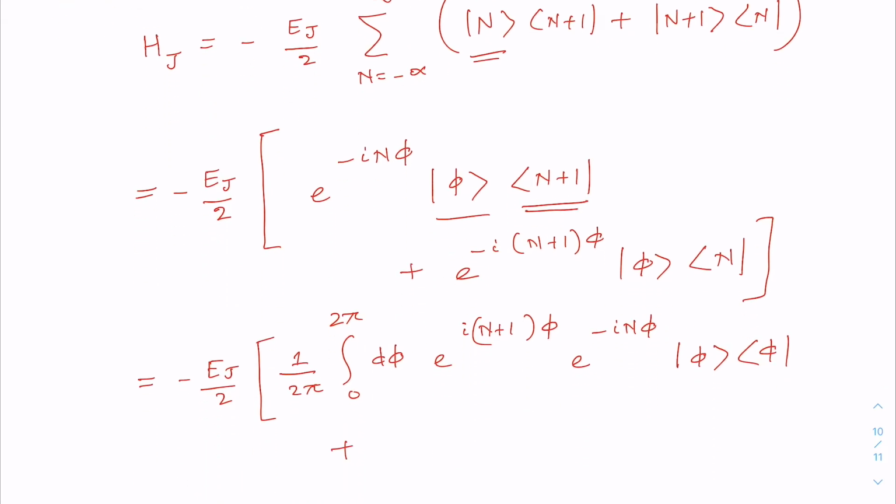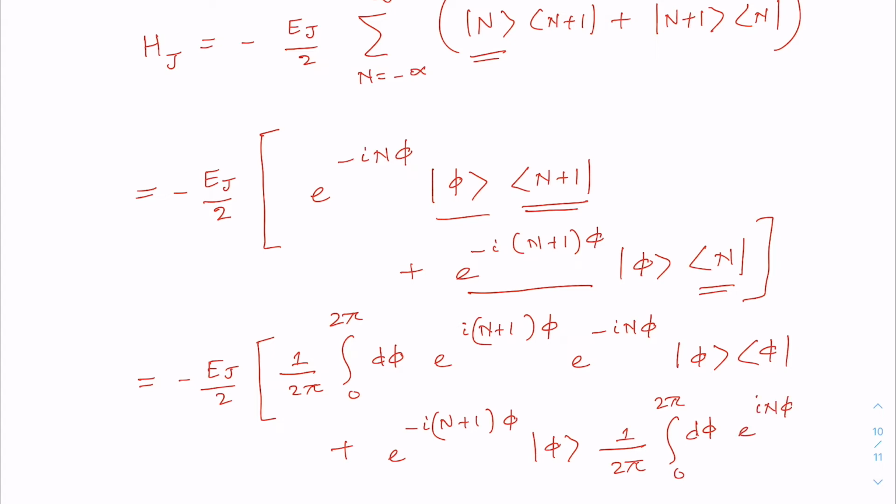Similarly, in the next term I can write plus e to the power minus i n plus 1 phi, which is already there, and I have this ket phi, and for the bra n I write 1 by 2 pi, integral from 0 to 2 pi d phi e to the power i n phi, bra phi.